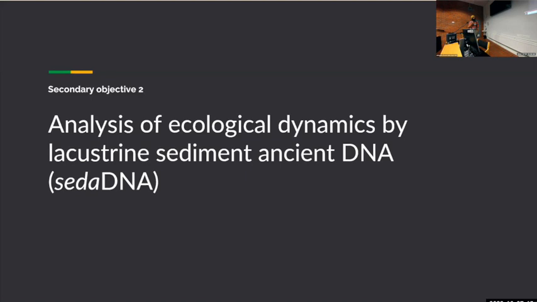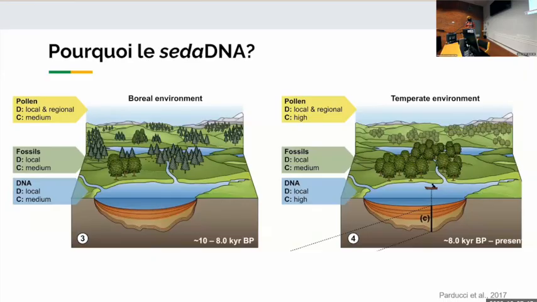Now, the secondary objective, the second chapter of my doctorate thesis, would be to add another proxy to this analysis. While pollen and charcoal form pretty much the extremes of spatial scales, pollen being quite regional and charcoal being quite local, we decided to use ancient sedimentary DNA, which cuts that spatial scale right in half.